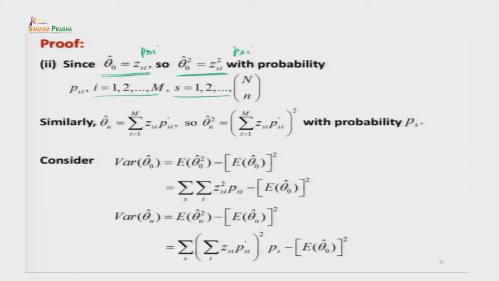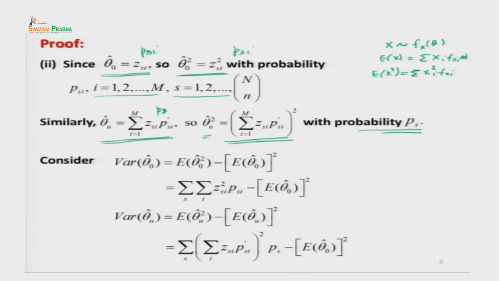Similarly, the way you decided for theta hat 0, you can decide for theta hat u. Theta hat u occurs with probability PS, so theta hat u square will also occur with probability PS. This is obvious: if X follows some PDF f of x, theta, then the expected value of X is the summation of xi f of xi, theta. But if you want the expected value of X square, then it is the summation of xi square f of xi, theta.